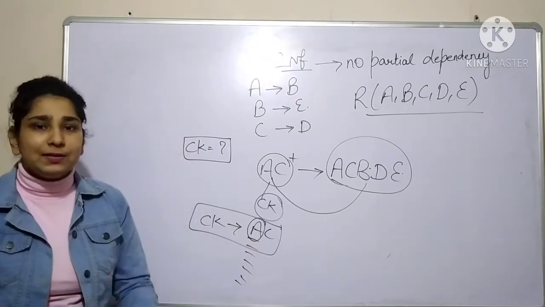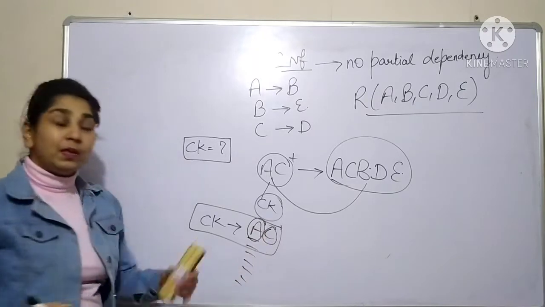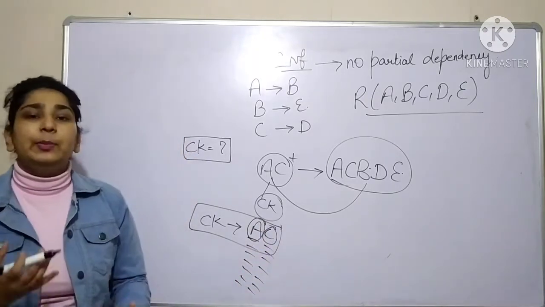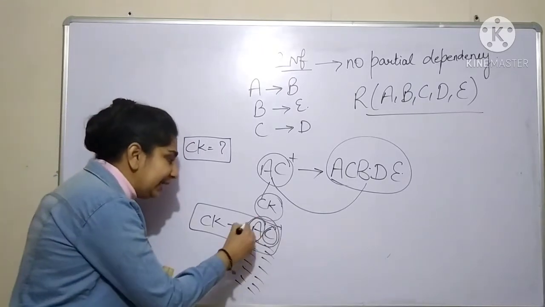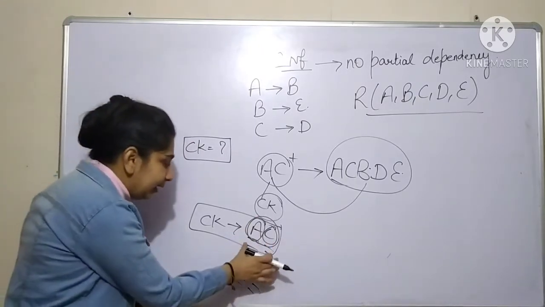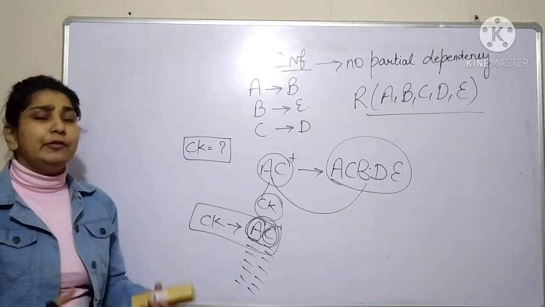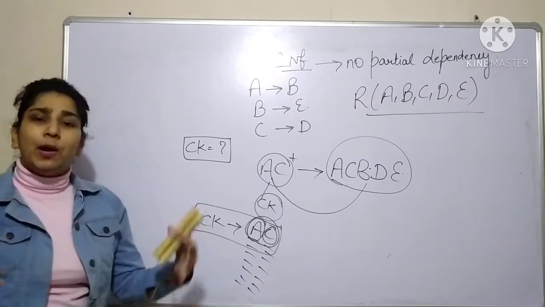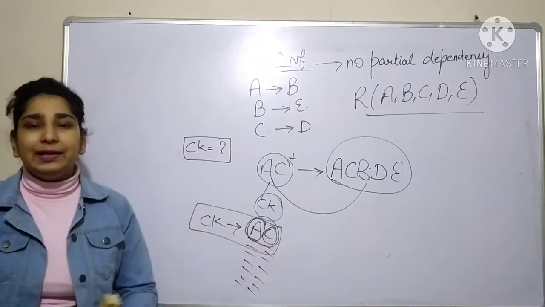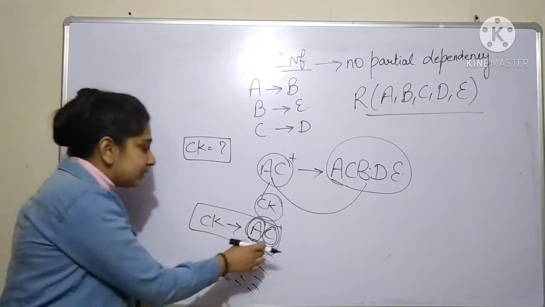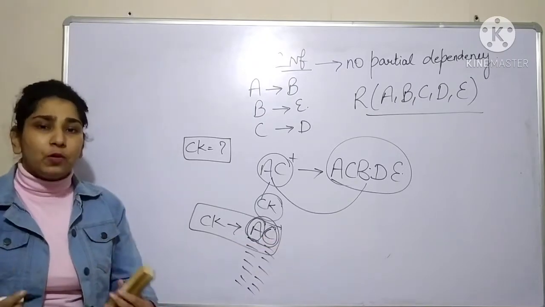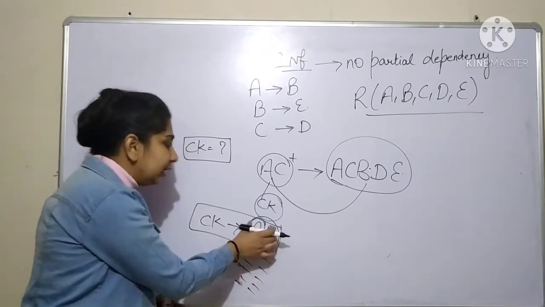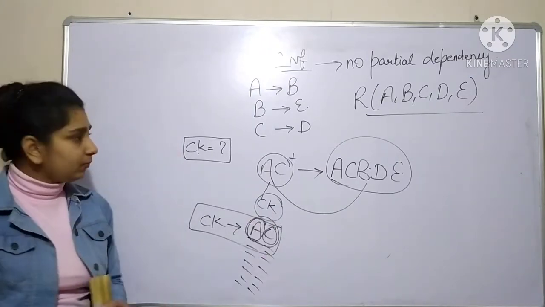If you consider C alone, there are also lots of duplicated values present in attribute C. But combined, all the values are unique. Individually there are a lot of duplicates, but when you combine them together, all the values of that composite key are unique. That is the simple meaning of a composite key.